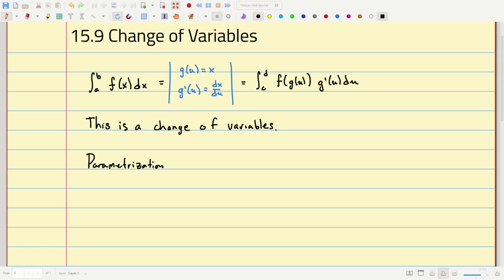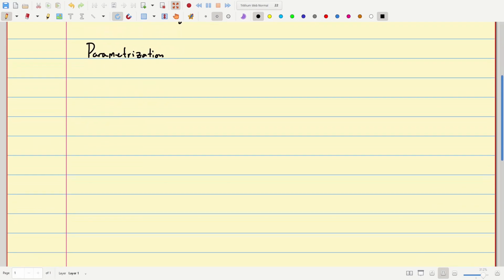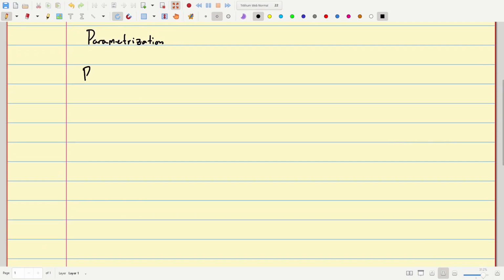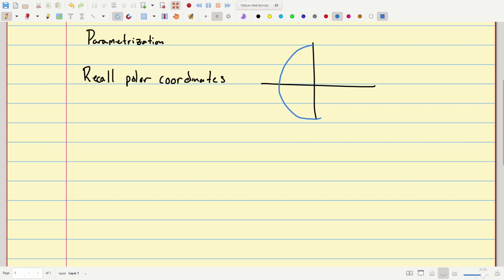So if we're doing something like we did with polar coordinates, if I have some domain that is circular, okay, I can talk about points in this environment using rectangular coordinates.